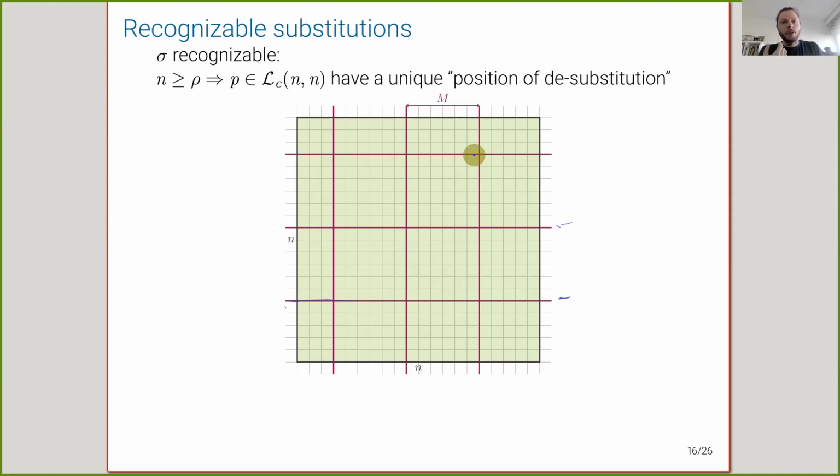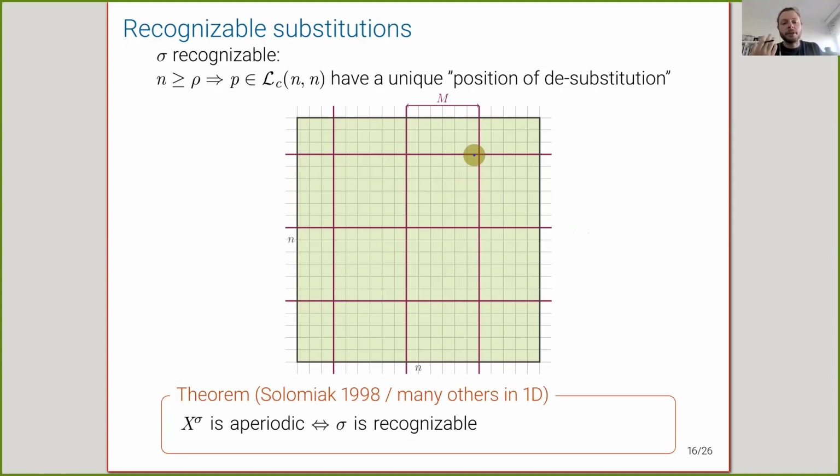And why is this property useful in our case? Because this is exactly equivalent to the shift being aperiodic. The most general case has been proved by Solomyak, even for non-square substitutions, or even substitutions not at all on the grid. Solomyak proved that this property of recognizability exactly corresponds to the shift being aperiodic.